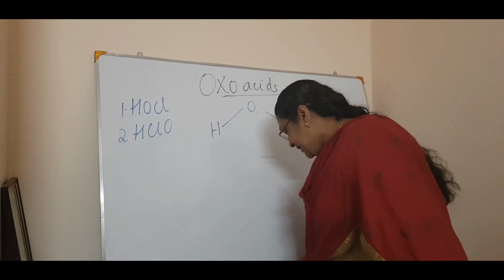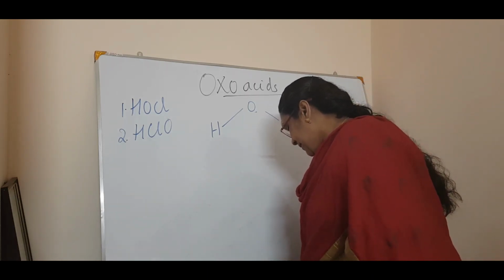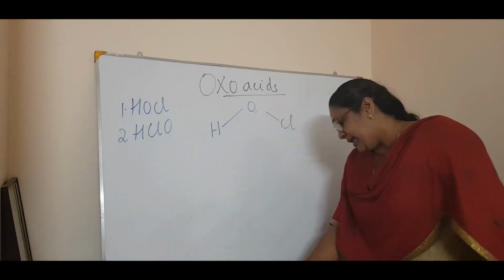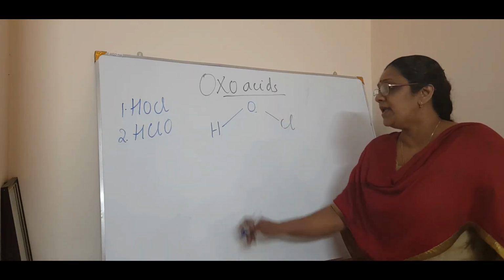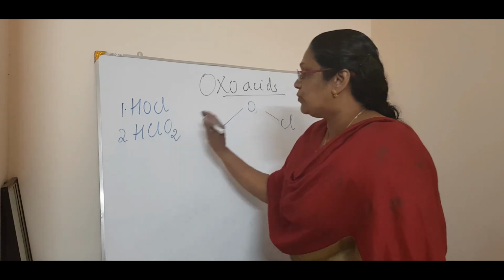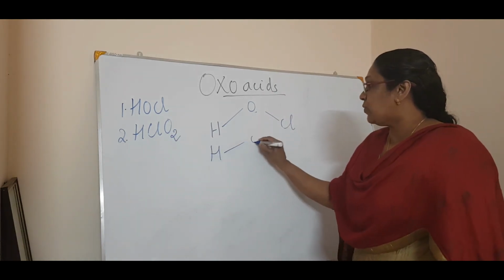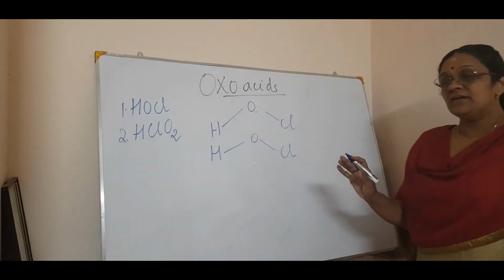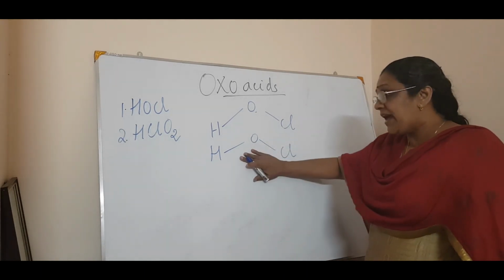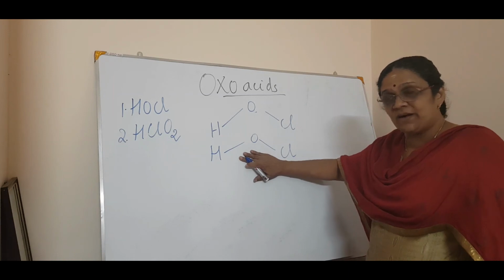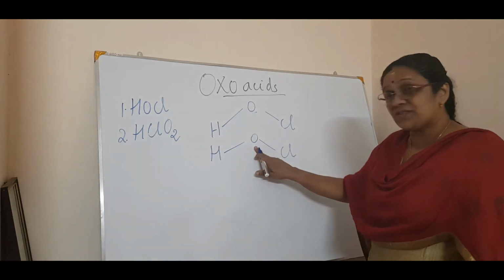Okay, next is HClO2. How will you write it? You know HOCl, correct? This is HOCl. Now our parent compound is HOCl, the first one. Now there are two oxygens. One oxygen is here.